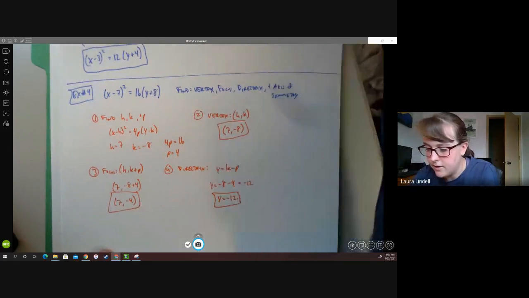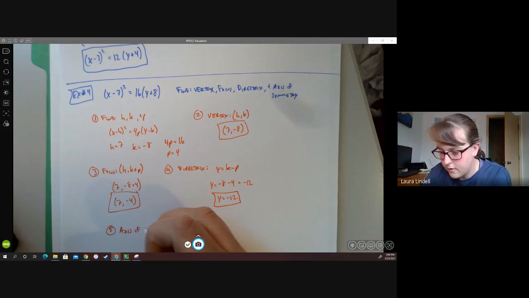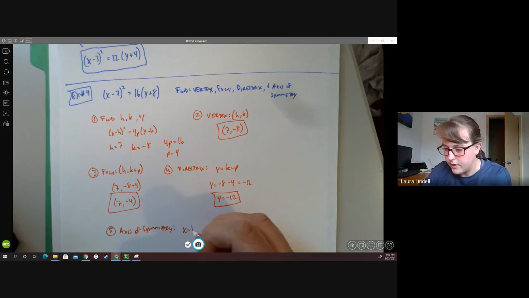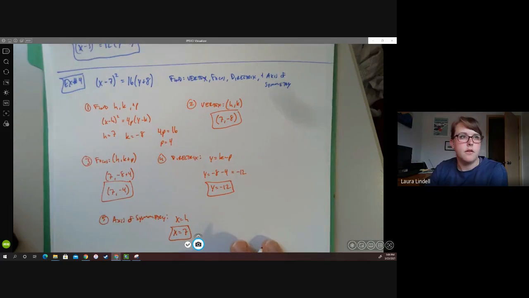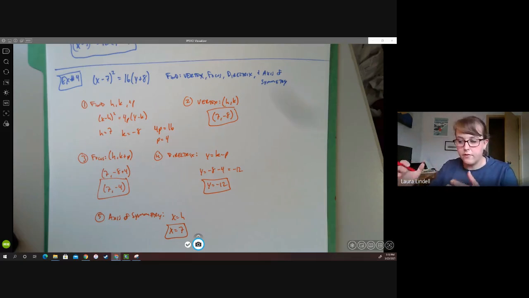And then lastly, axis of symmetry, which is x equals h. So in this case, x equals 7. All right. So with this sort of problem, once you find h, k, and p, it's just taking all of your equations for vertex, focus, directrix, axis of symmetry, and plugging those things in.